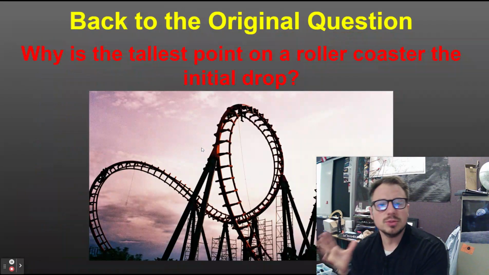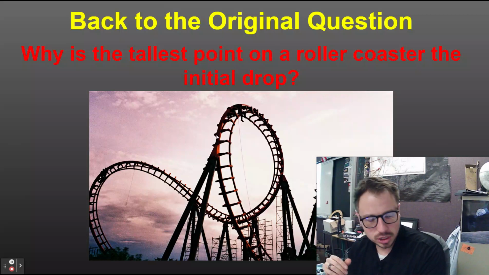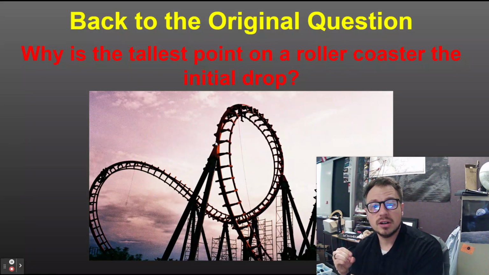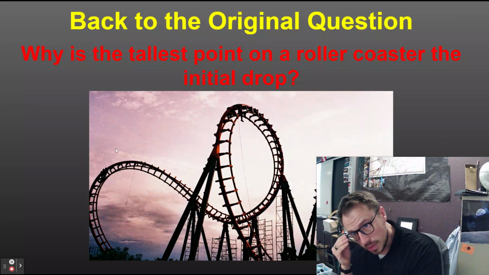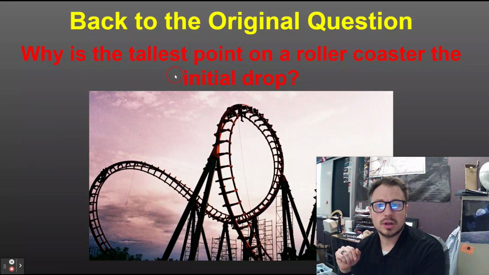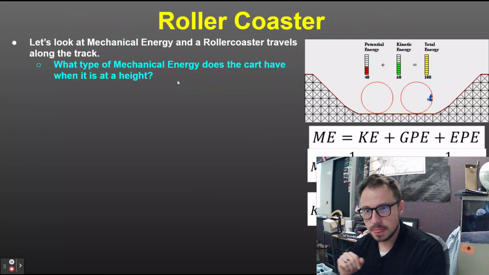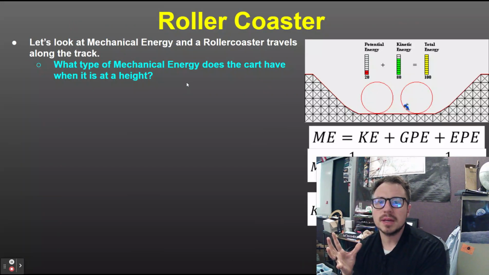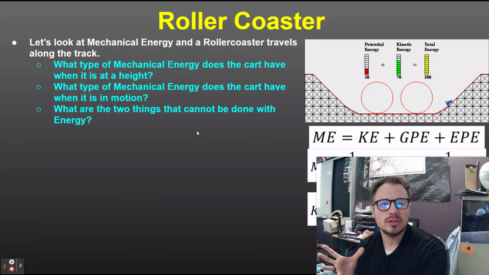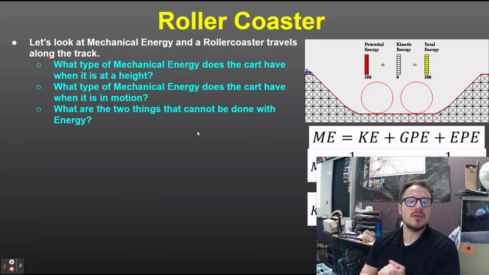Now, let's switch to roller coasters, because roller coasters are a great example of mechanical energy transforming into other forms of mechanical energy. Why is the tallest point on a roller coaster that initial drop? If you look at this cart, at the very top it's going to have gravitational potential energy.